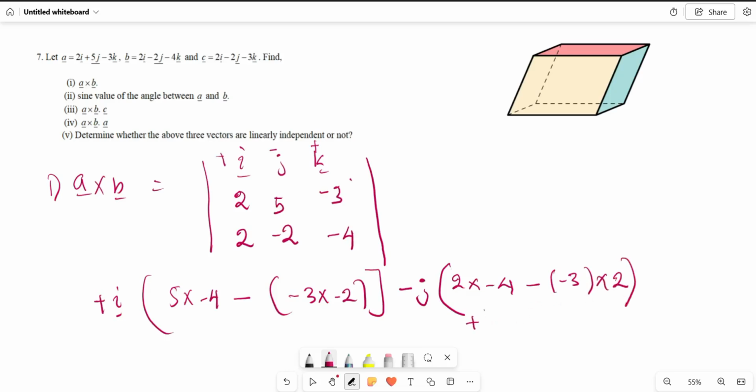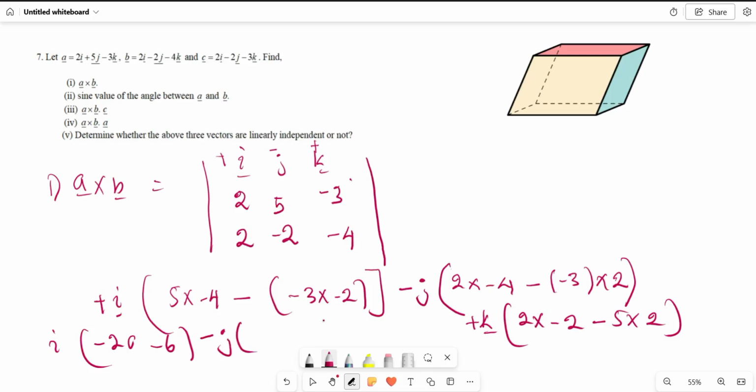And then k is positive: 2 into minus 2 minus 5 into 2. Then you can get the answer. For i, here minus 20, right? Minus 20 minus, and minus times minus is positive 6, so minus 20 minus 6 gives minus 26. Minus j: here minus 8, and here plus 6, so minus 8 plus 6 is minus 2, and minus times minus 2 is plus 2j.